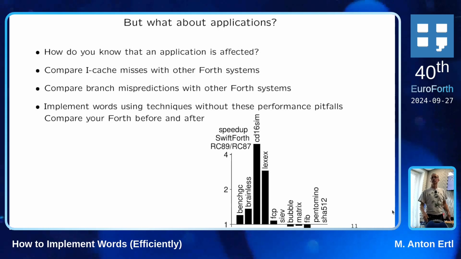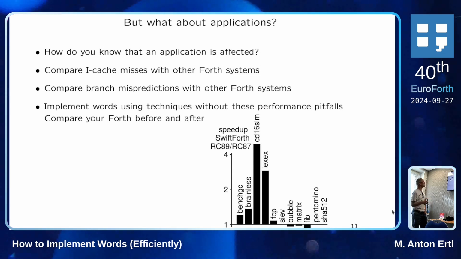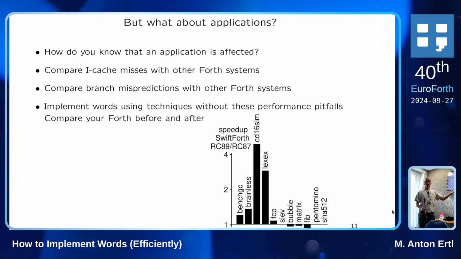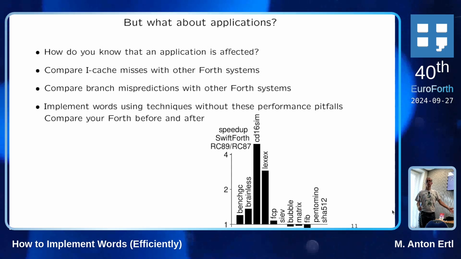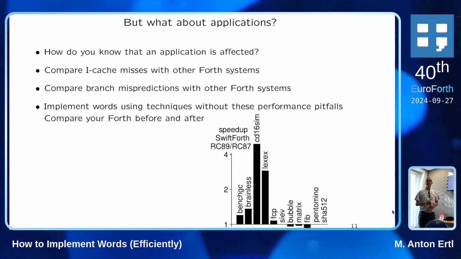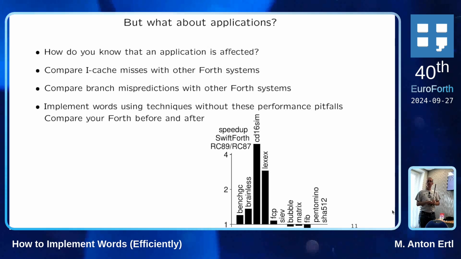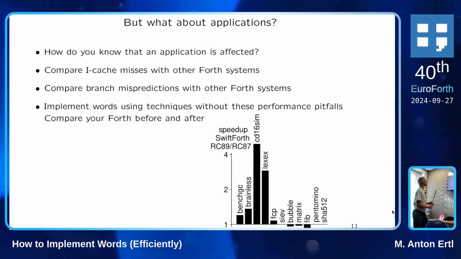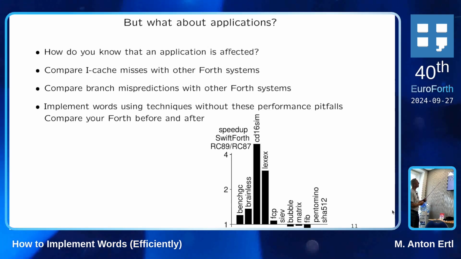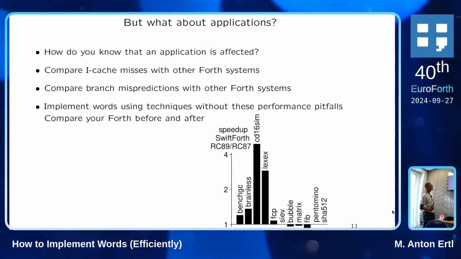So these were microbenchmarks. What about applications? The question is, how do you know that an application is affected? You only know it because you know that it should perform better. But how do you know this? I didn't know this until I compared the result of SwiftForth with the result of other Forth systems. One way is to compare the iCache misses with other Forth systems.